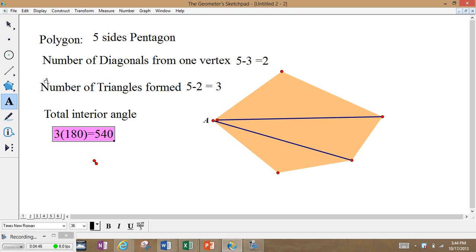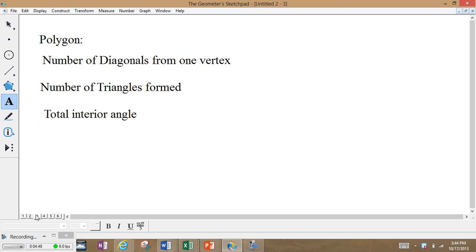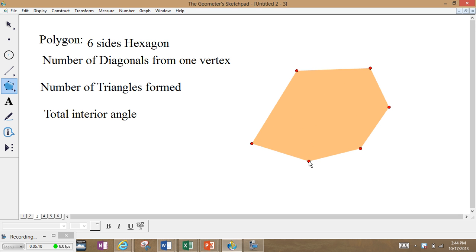Let's go and build a 6-sided figure, known as the hexagon. Six sides is of course the hexagon. Again, we can draw the polygon: 1, 2, 3, 4, 5, 6. Double click.